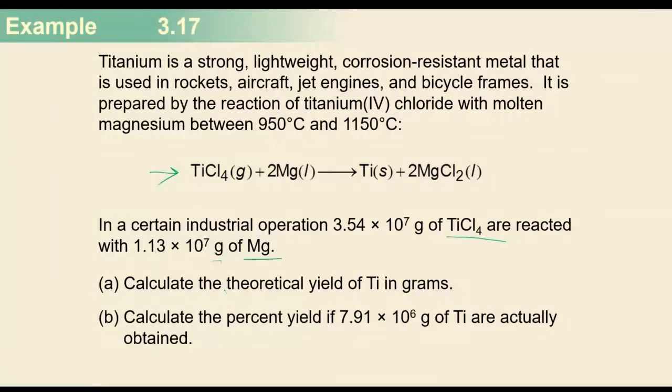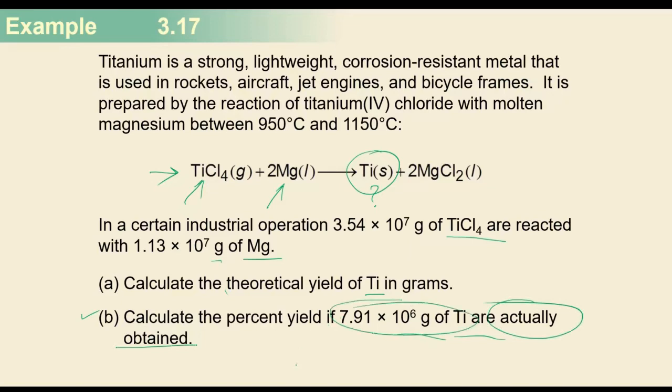Calculate the theoretical yield of titanium. You have to calculate titanium now. What is given? Titanium chloride and magnesium both. And the second part is calculate the percent yield if 7.91 × 10^6 grams of titanium are actually obtained. This is the actual yield.